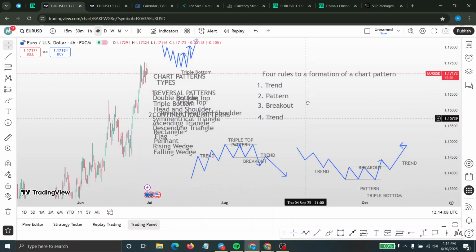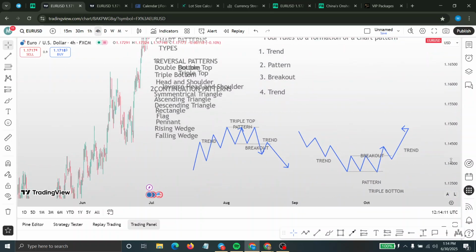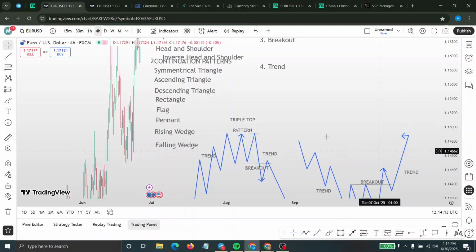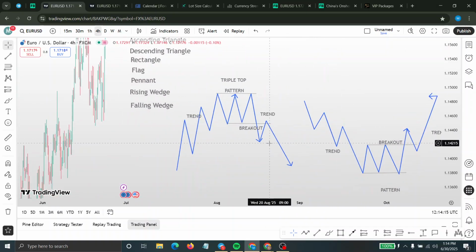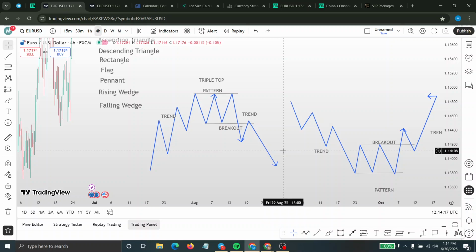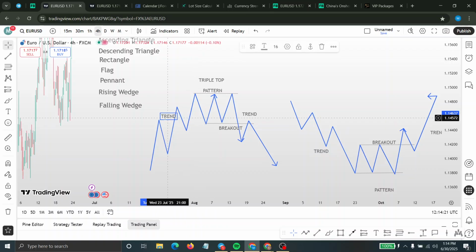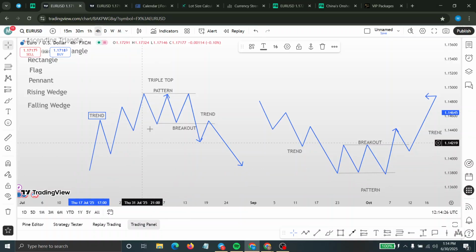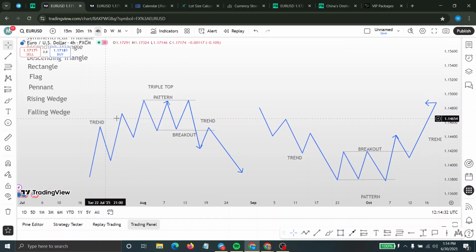So in the previous class, we talked about the triple top and the triple bottom. With the triple top, what do we notice, or what do we want to see? Obviously, in the triple top, we want to see a trending market that gives us a trend, and we notice the pattern.